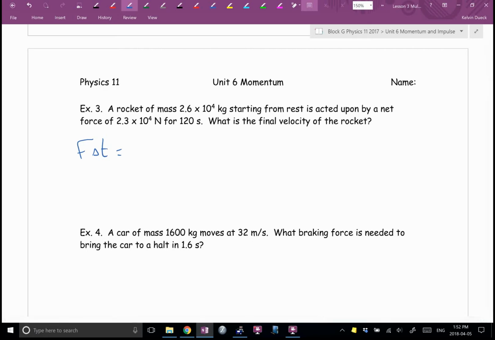Okay, I'm going to write it as mv final minus mv initial. And strangely, what I've just written here, Morgan, is impulse equals impulse, but I've written it in 2 different ways.